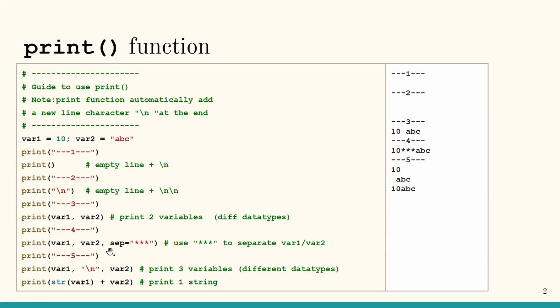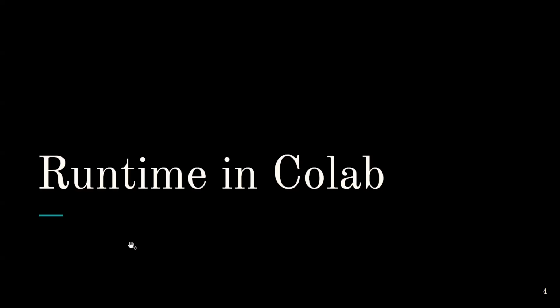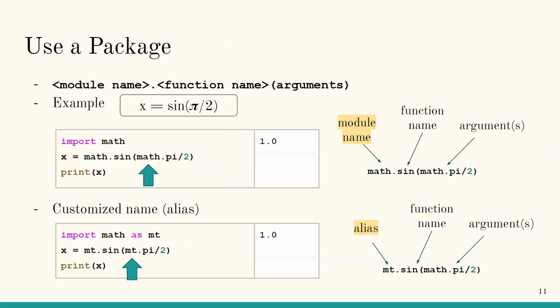You Google print and then you Google argument or options. Then it will give you something like this. For example, this separator, you can change some of the options that are default in the function. Okay. Let me go back.